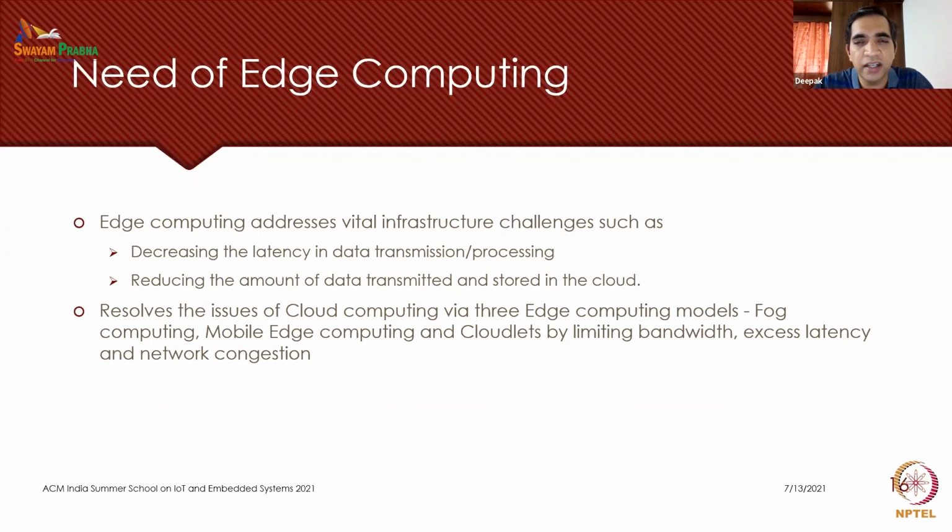So there is an initial filtering that is employed in the end nodes, which makes it very important, because initially all the raw data was sent to the cloud, which now does not need to be sent, because there is this intermediate node which will take care of it. So that is one advantage that is also brought about by edge computing.